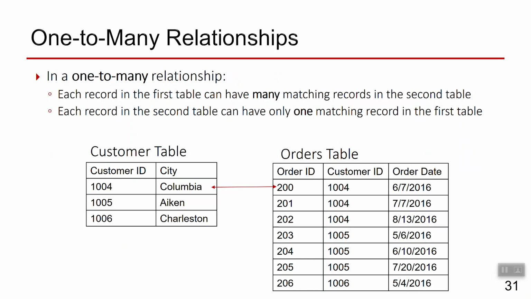So we'll notice here that customer ID 1004 is listed one time in the customer table, but it's listed multiple times in the order tables. And that makes sense. For each customer, we're going to have some individualized information for that customer ID, but certainly a customer might produce several different orders. All right, and we see this for most of the customer IDs here.